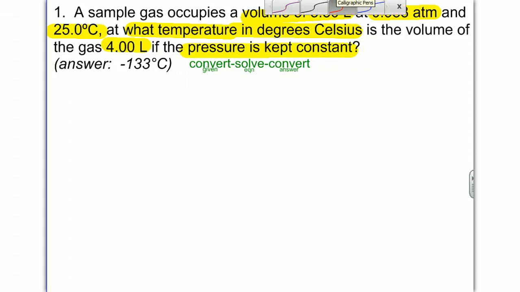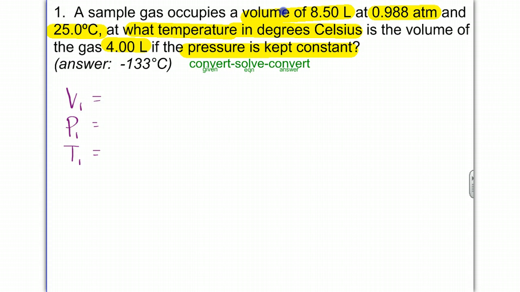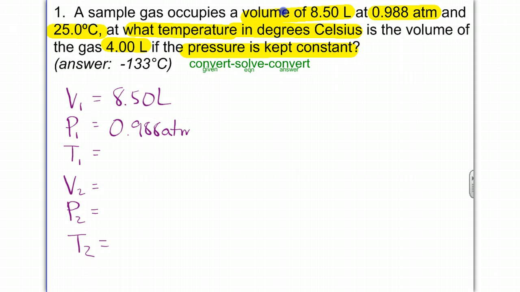So normally, the way you begin setting up these problems is identify your variables. V1, P1, T1, V2, P2, and T2. So V1 is 8.50 liters. They give you an initial pressure of 0.988 atmospheres and an initial temperature of 25.0 degrees Celsius.